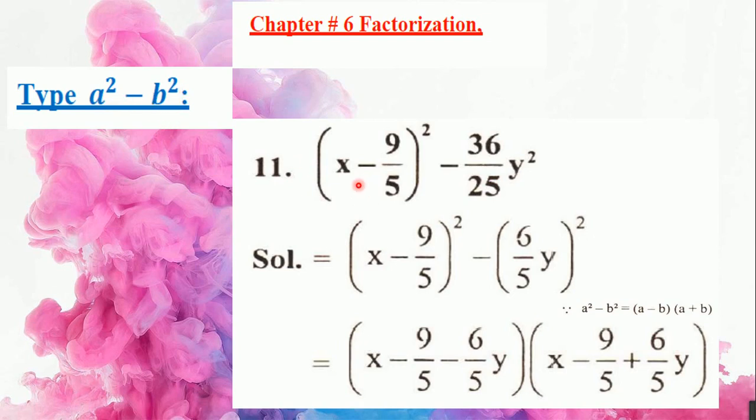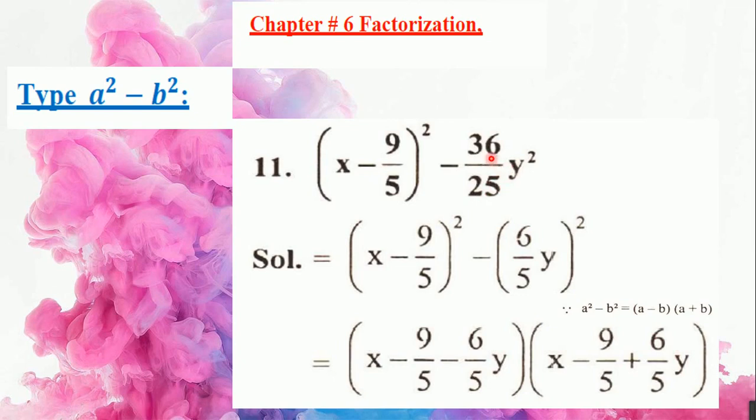So first term is already given in a whole square form. So we will change this 36 over 25 y square in a square form. We know that 36 is 6 square and 25 is 5 square.